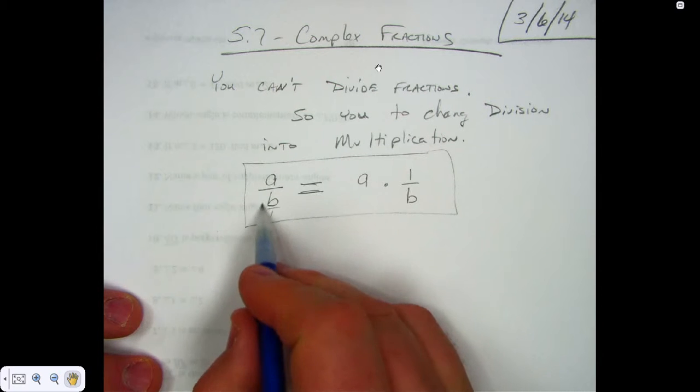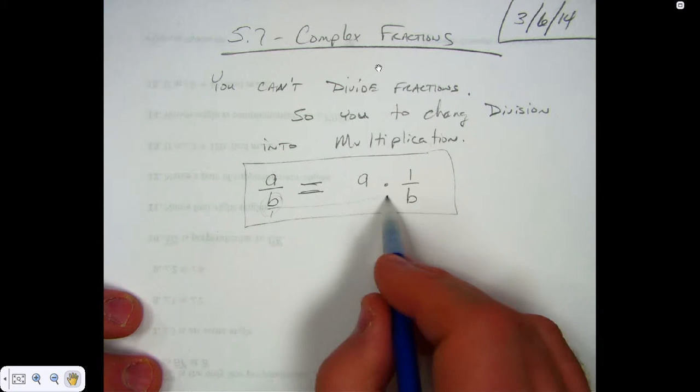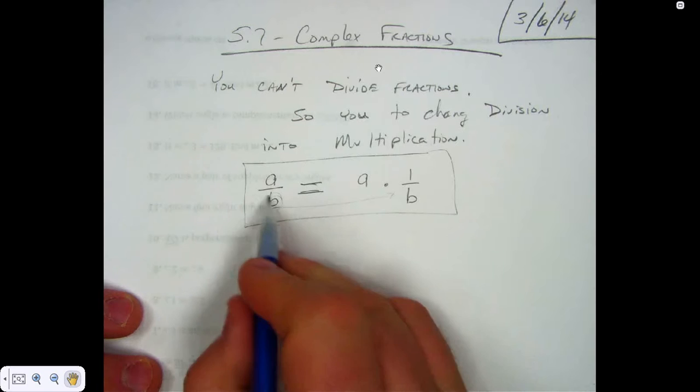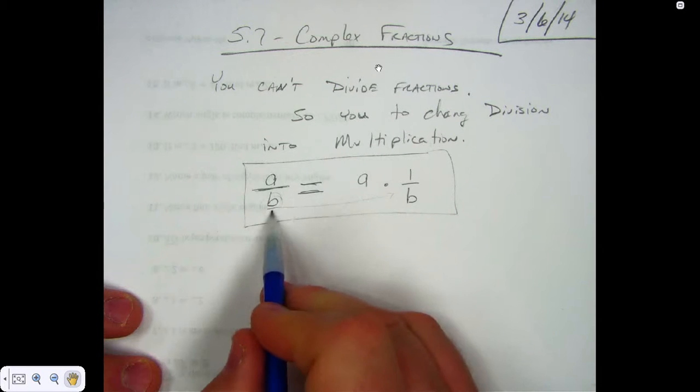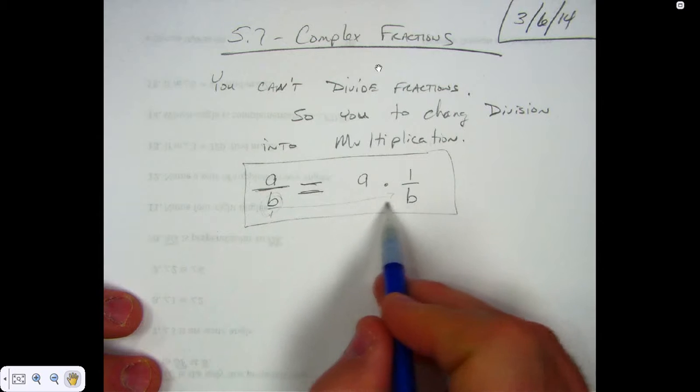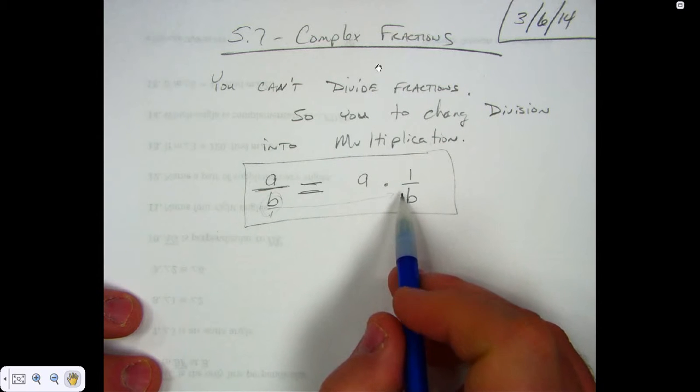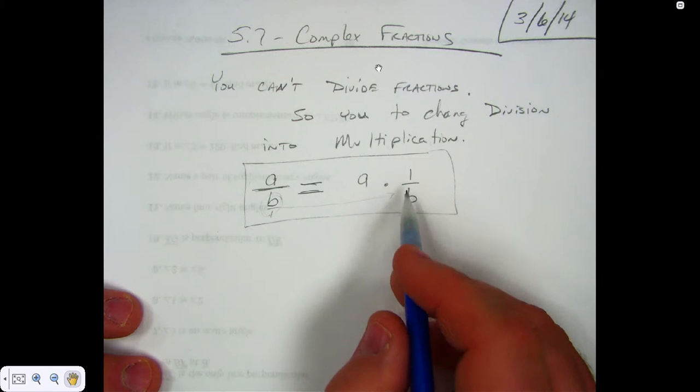What did the B over 1 basically become? To change division into multiplication, what happened? The B over 1, you changed it to a what? 1 over B. What did you do? Flipped it.